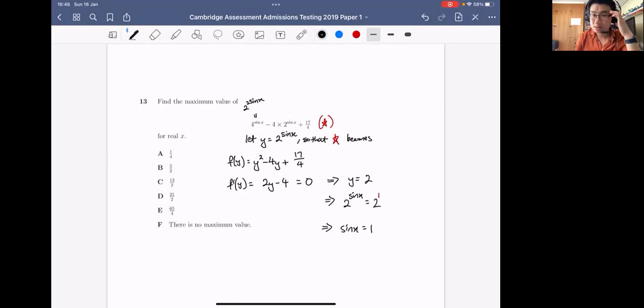Sine x. Not sure about this one. Last few questions have been really tough.